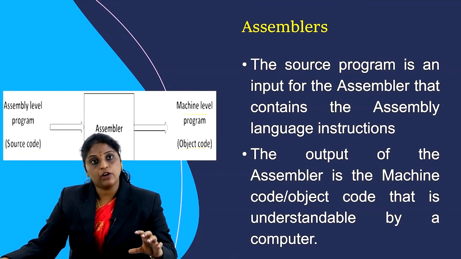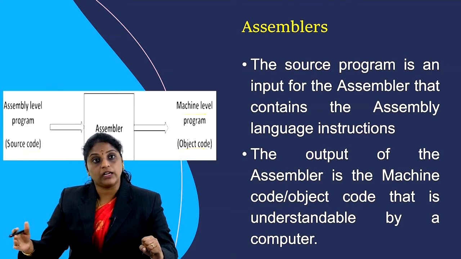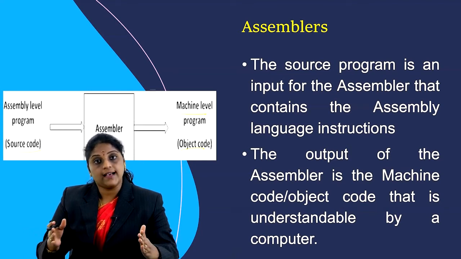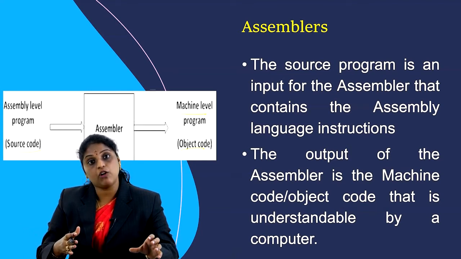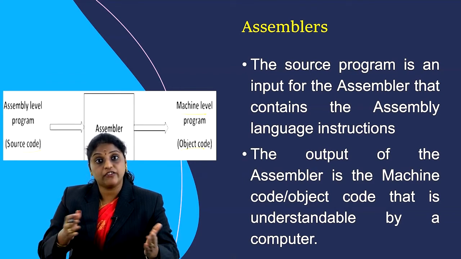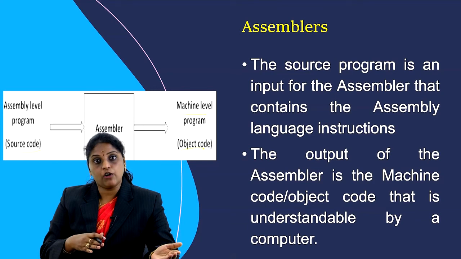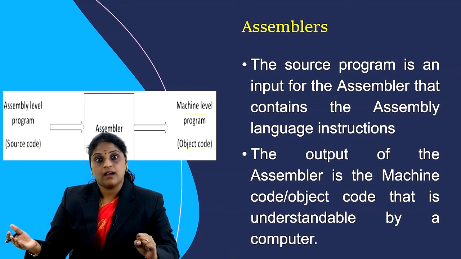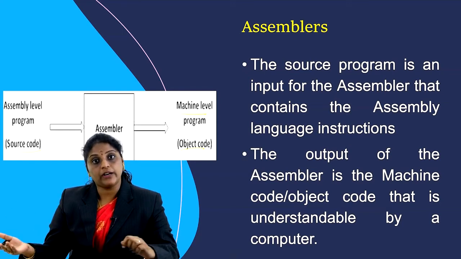That high-level language program is taken as an input by the compilers and interpreters, and they produce machine code, that is computer understandable code, as an output. Whereas the assembler will take the assembly language code as an input. Assembly language code is somewhat different from the high-level language code that we are using. It takes the assembly language code as an input and produces machine code, that is computer understandable code, as an output.